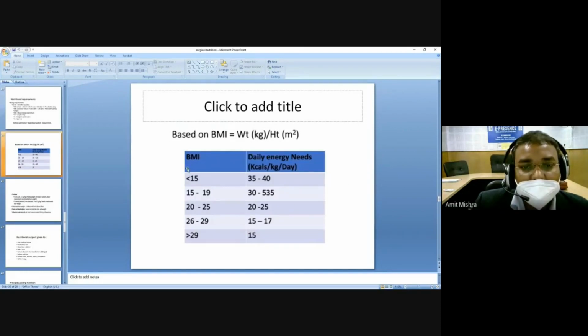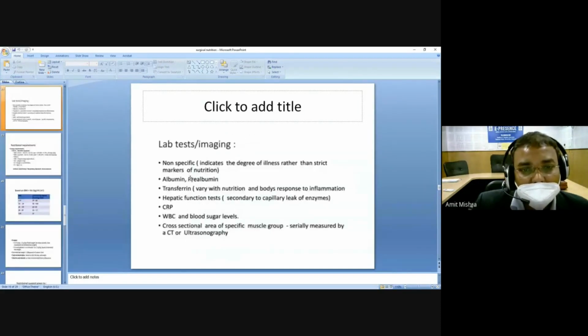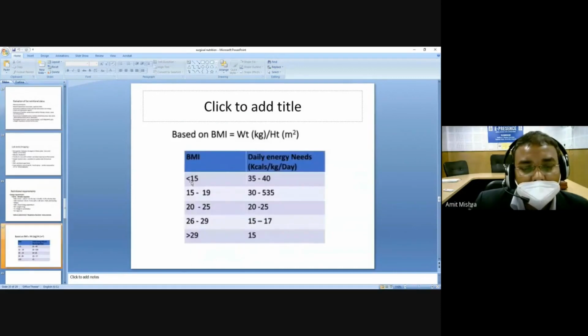Also, nutritional status is evaluated depending on the BMI. BMI is calculated by the formula: weight in kg upon height in meter square.